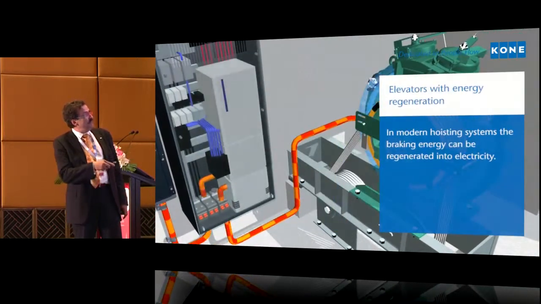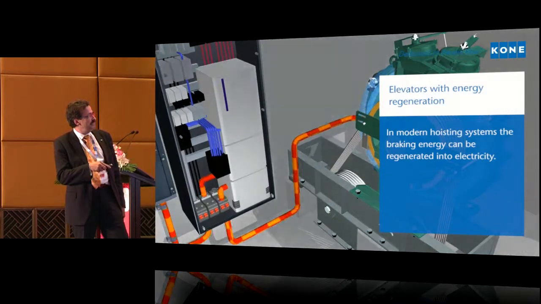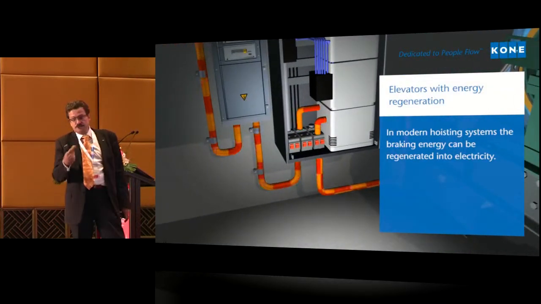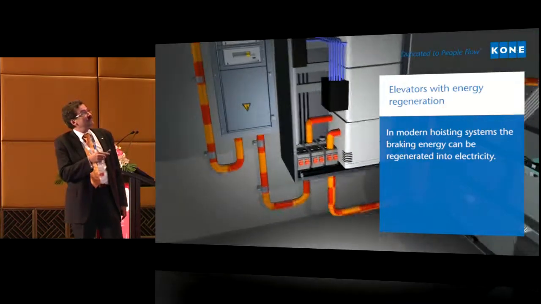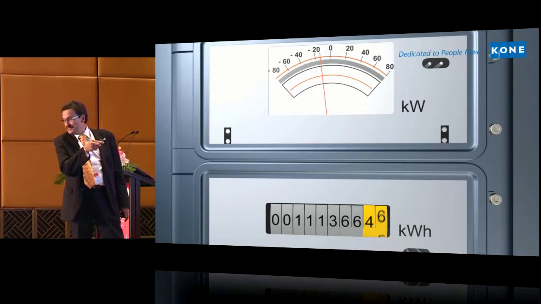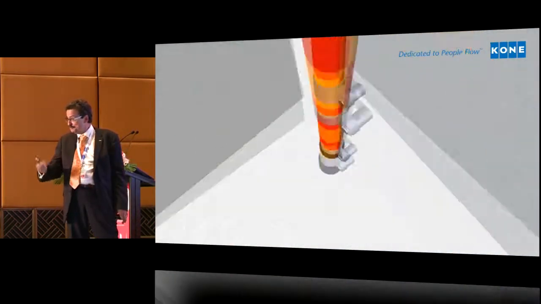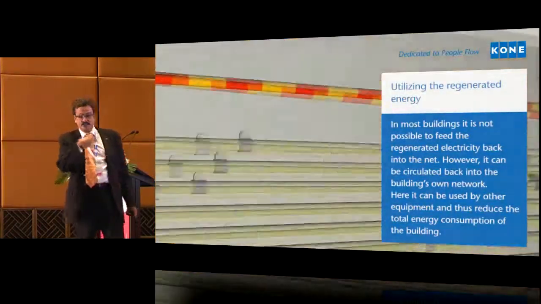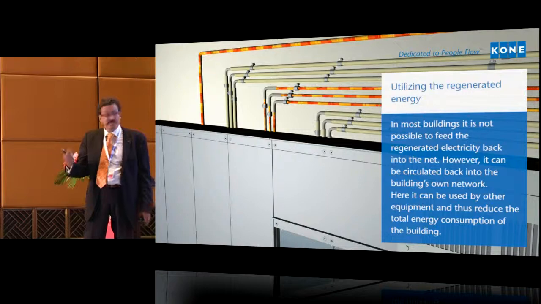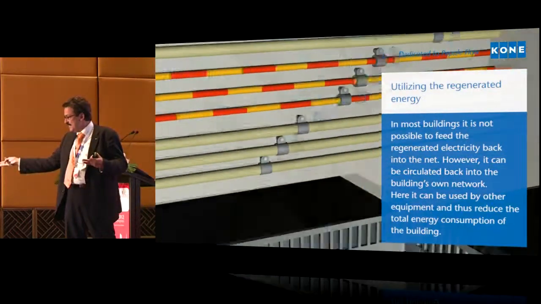If you would put a meter in between, bring it to this distributor board, you would actually see the meter turning back. You would see here that it goes to the regen side and gives you some extra energy, and you would see the meter run back if the meter could run back. We bring it back to the main distribution board, and from the main distribution board it will then go to the rest of the load inside the building.